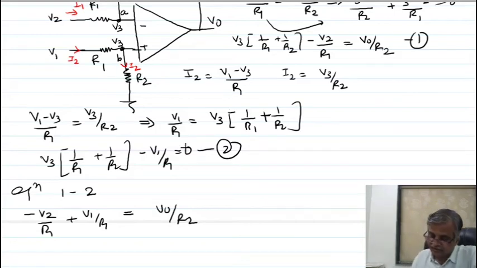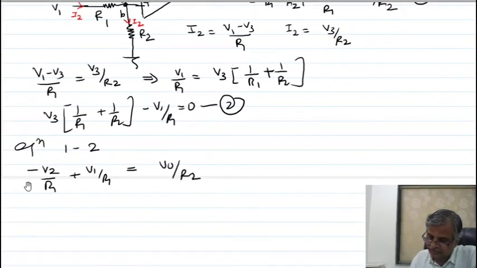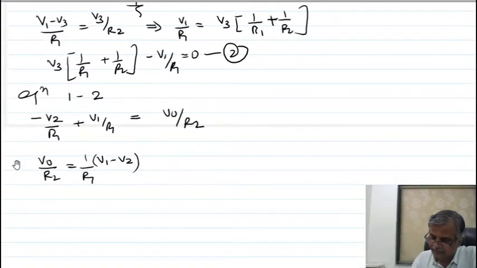Now if I solve this equation, I can write VO by R2 is equal to (V1 minus V2) upon R1, or I can write VO is equal to R2 by R1 into (V1 minus V2).